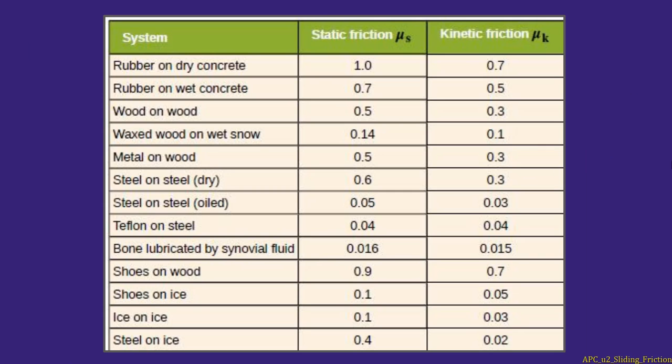Again, ignore the middle column, that static friction we haven't learned yet, but Teflon, which is what they use for non-stick pans, on steel has a very low coefficient of friction. Shoes on wood is going to be high.